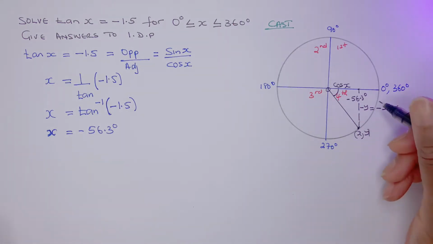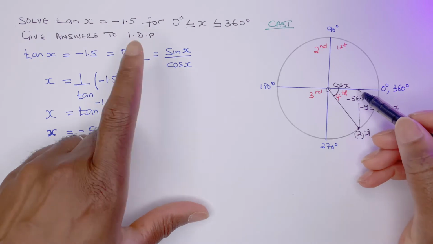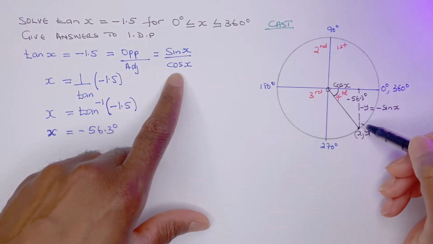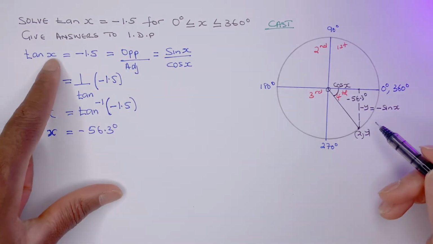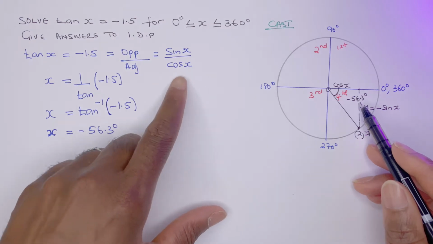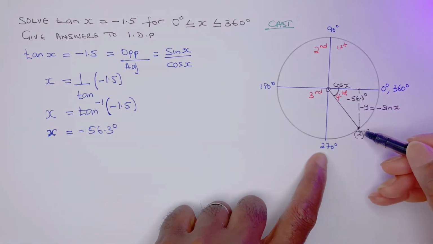So that's what makes it negative, because tan is sine over cos, but this is minus sine x. So tan x is sine x over cos x. And this is minus y.